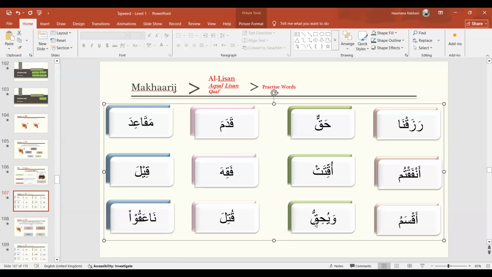We can actually make it وَيُحِقُّ, where we lose the isti'la, that heaviness of the qaf, when we're coming from a kasra and doing the qalqala. So be careful with that. قدم فقه قتل مقاعد قيل ناعق.